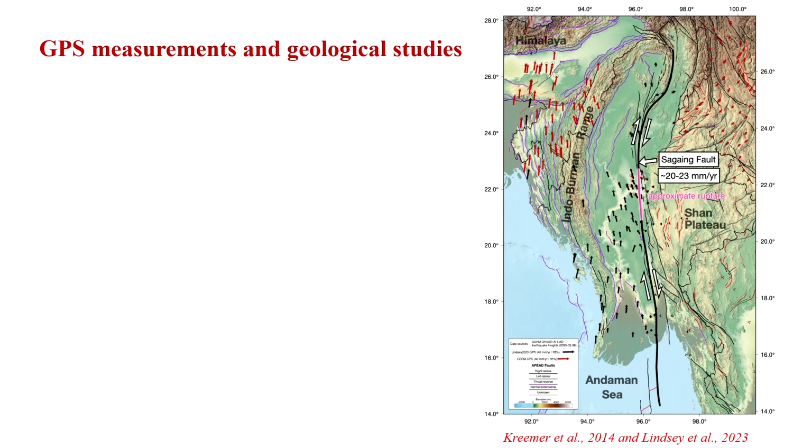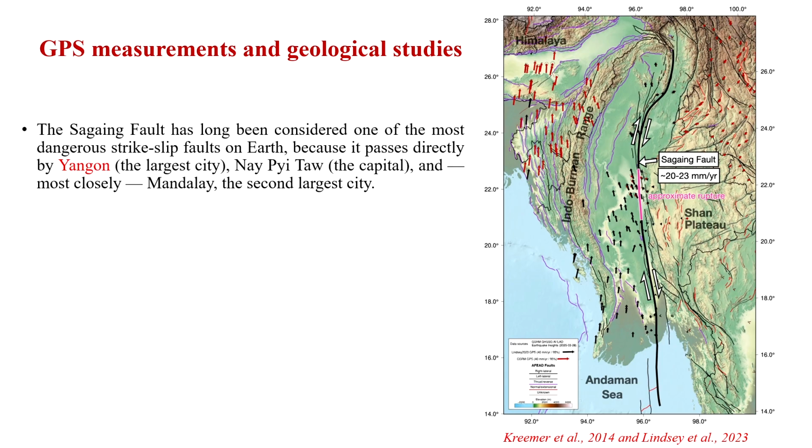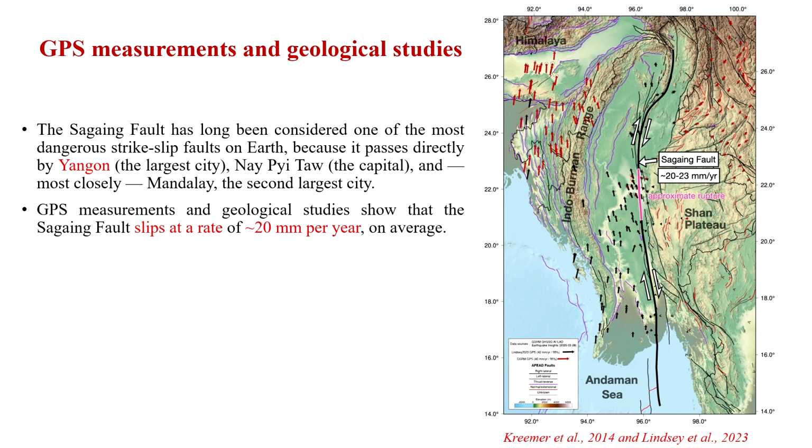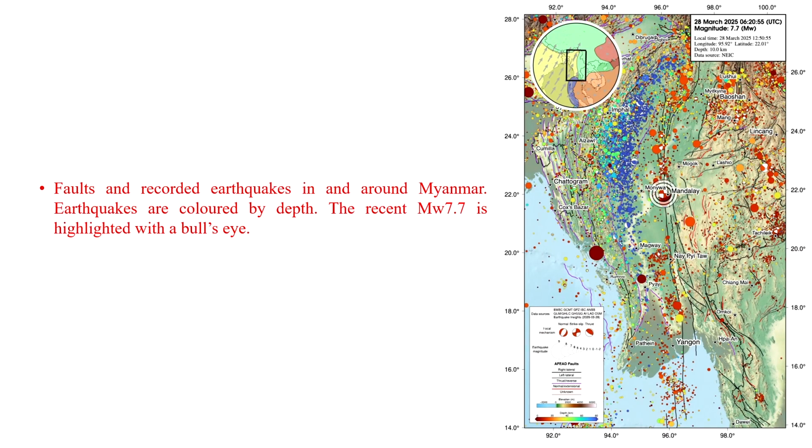Based on the GPS studies and the geological studies, it has been inferred that there is a slip on this fault, if you say the rate, of around 20 to 23 millimeters per year. And if you plot the microseismicity in this region, then you will realize there is a typical pattern.